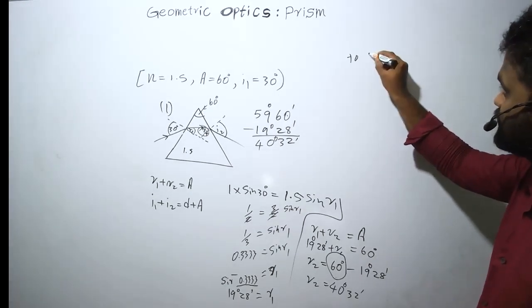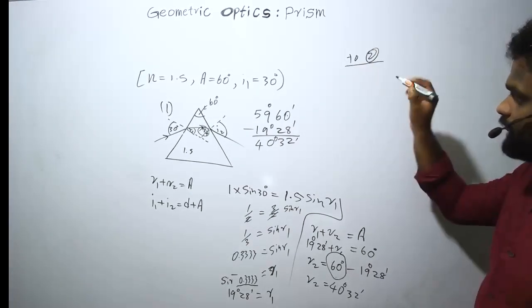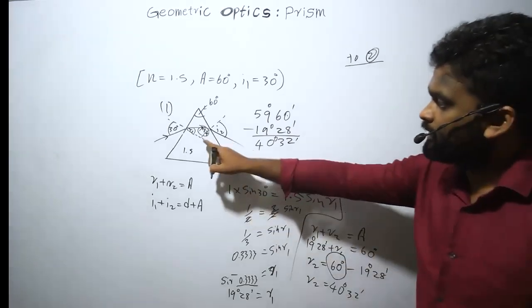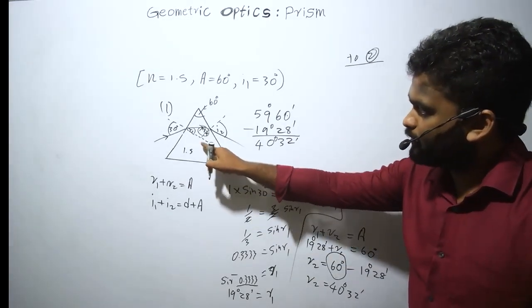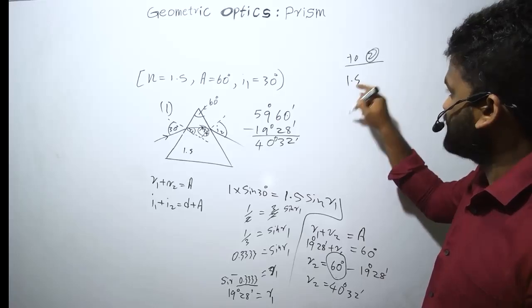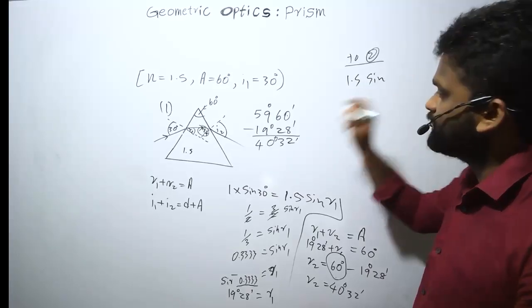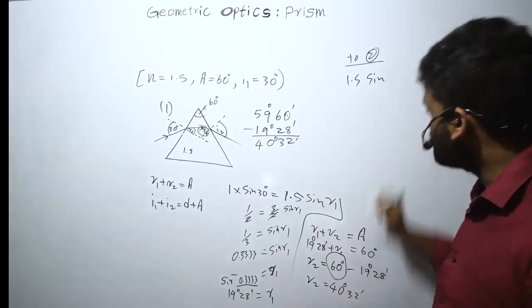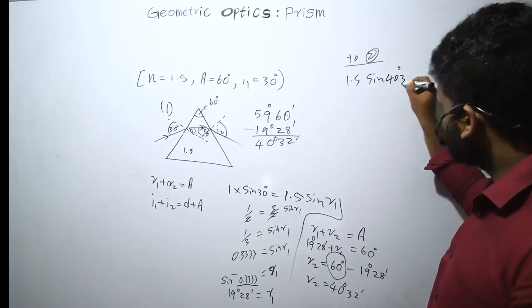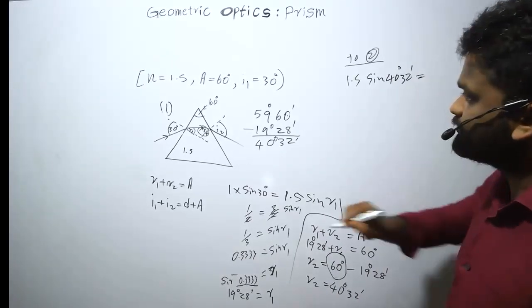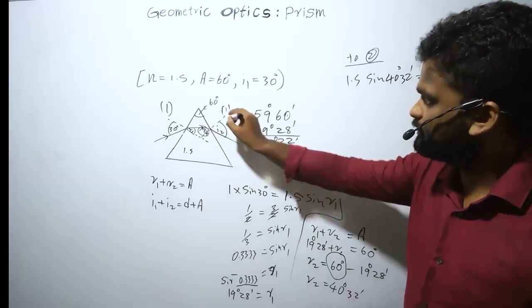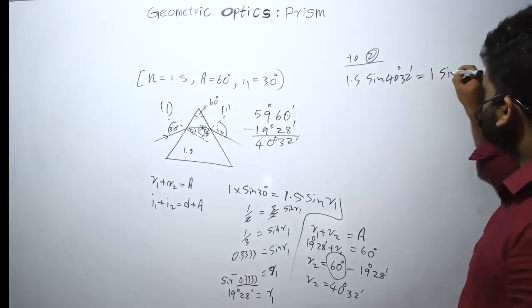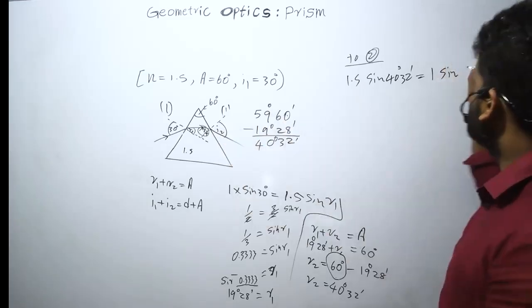Okay, to the second surface, I'm going to apply Snell's law. This is how you apply it. So here you have 1.5, that is n, sine R2. We have the value for R2, that is 40 degrees 32 minutes, equals the outside refractive index 1, sine I2.